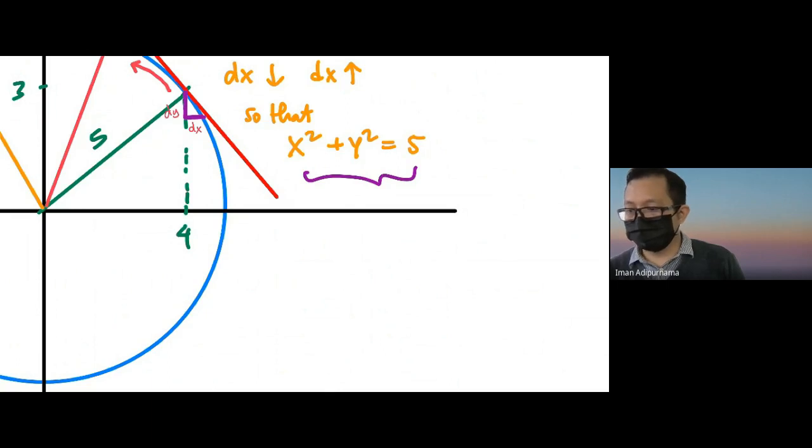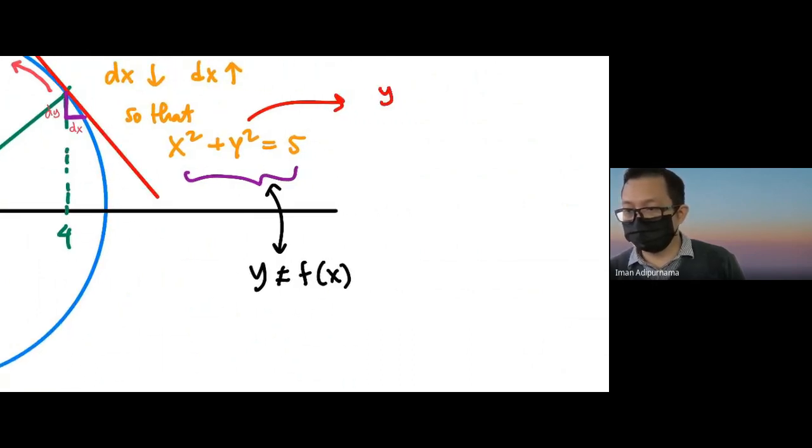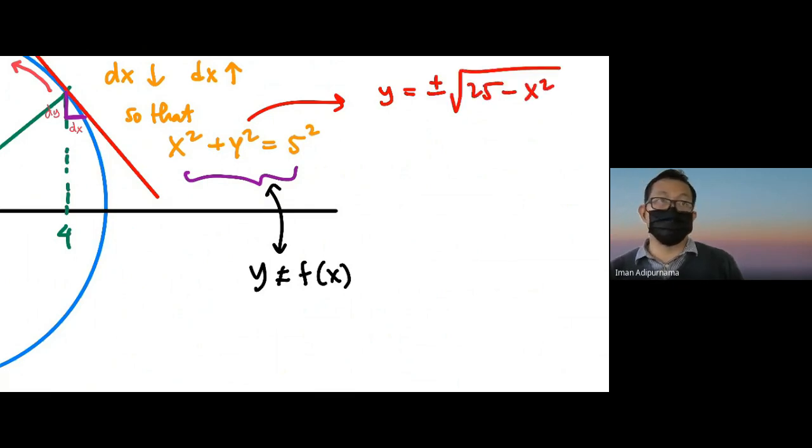Of course, y is actually not really related to f of x, right? But we can make that happen if we take some time to simplify this, and then we can make something like this. We can have the positive and negative.